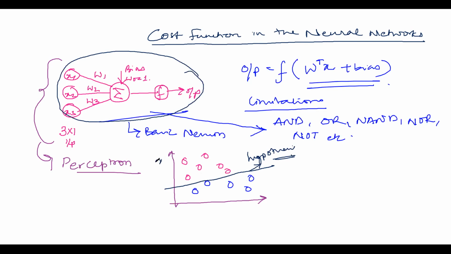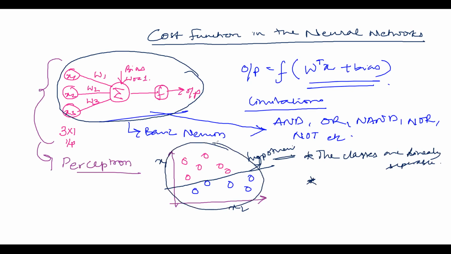If we have x1 and x2, what you observe in this particular graph is that the classes are linearly separable. Second point: now I have two sets of features, x1 and x2.